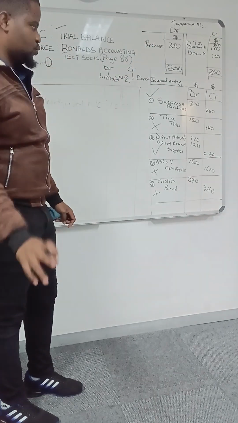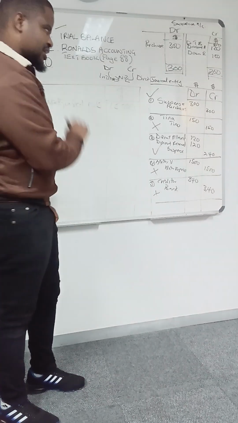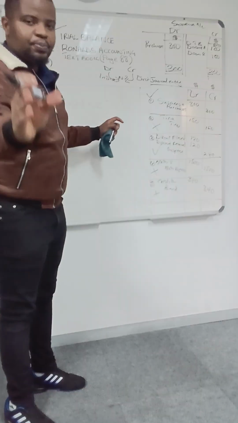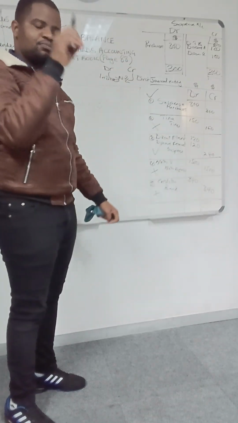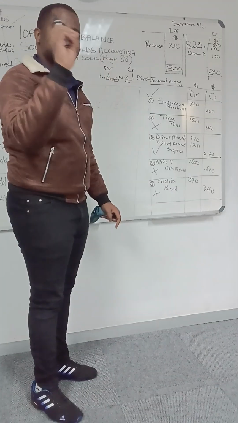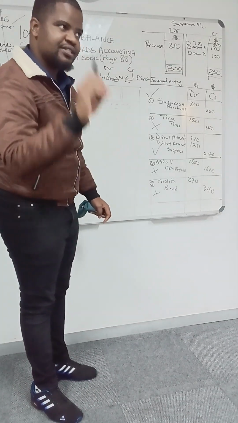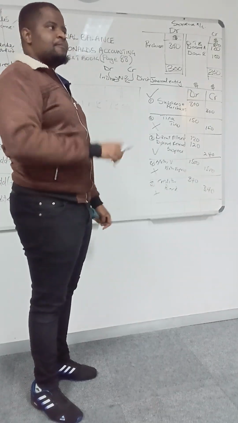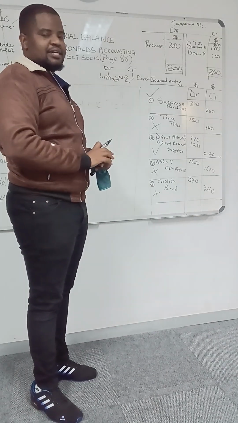So what are you going to do? First thing, what you need to understand, we want to correct net profit. We get net profit from the income statement. Hence, from the journal entry, select only those entries with accounts that we can get from net profit. As simple as that.